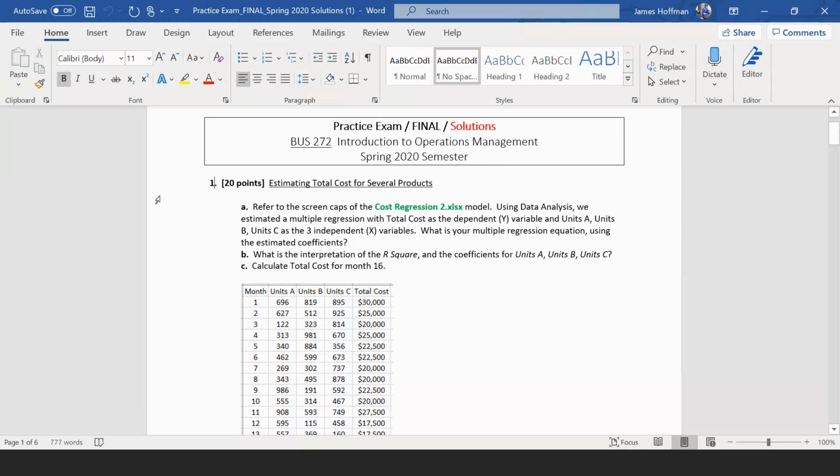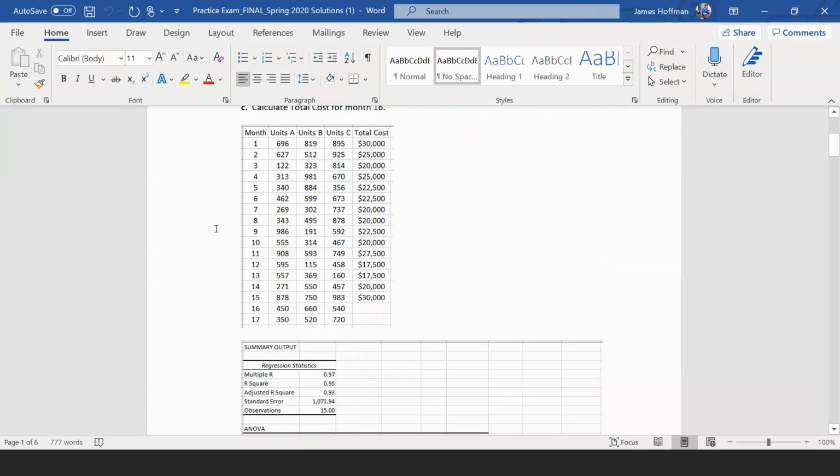Okay, number 1 was the estimating total cost for several products. All right, so you'll get a screen cap for the data, and then a screen cap for the regression results, similar to what we did for this example.